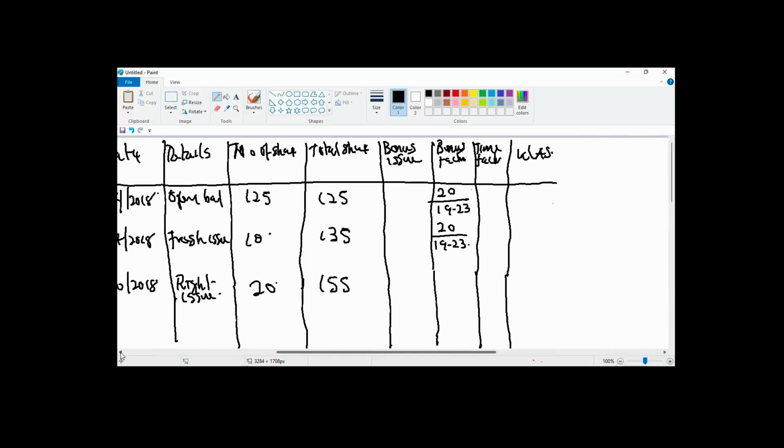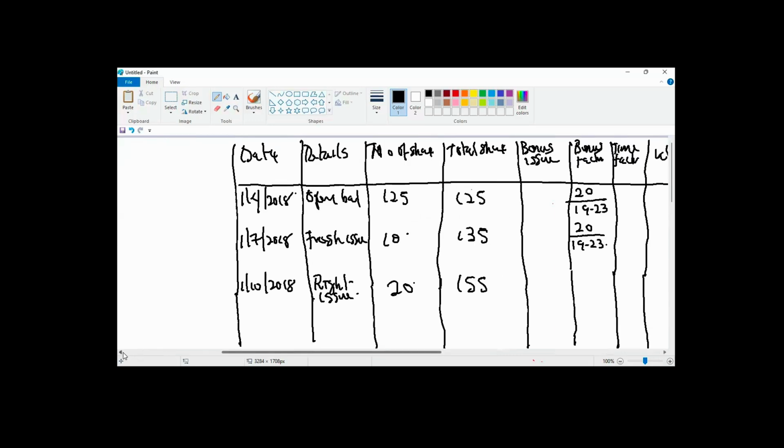On 1st March 2019, what happened? You repurchased 5 million shares.